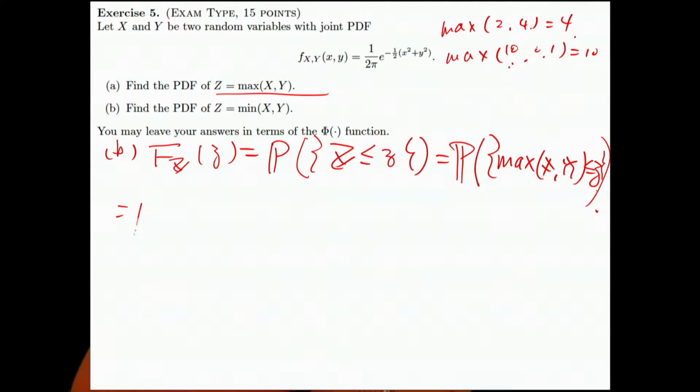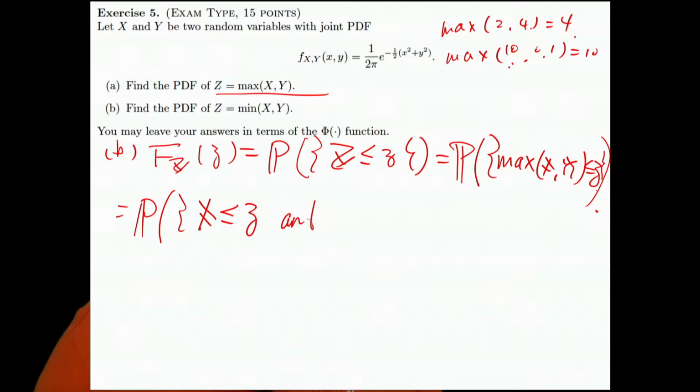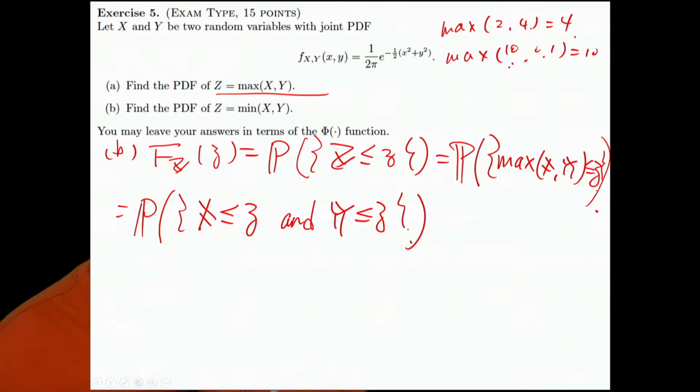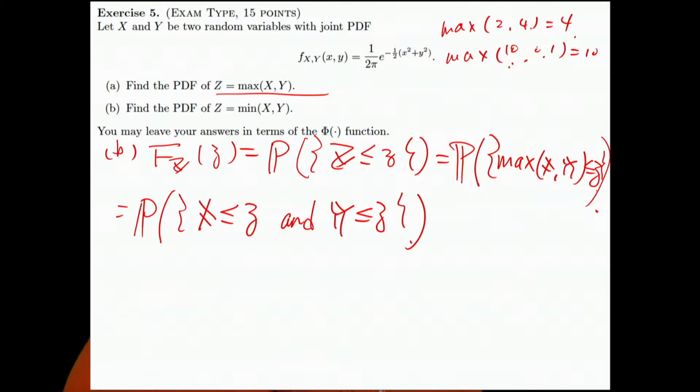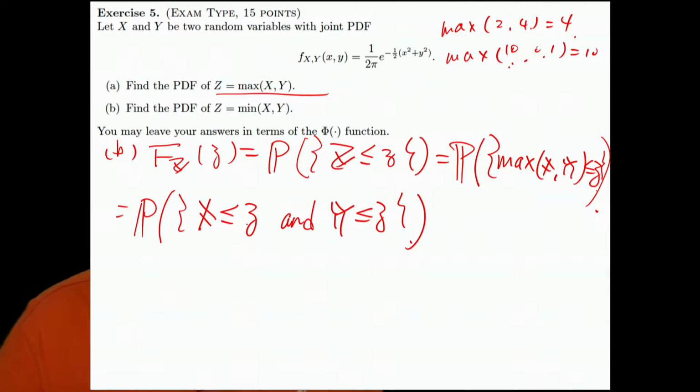That means this is the probability that X is less than z, and Y is also less than z.